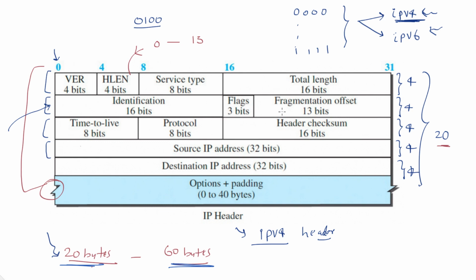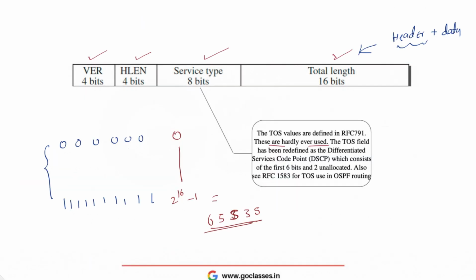Okay. Now let's go to the time to live field. The time to live field is 8 bits. So what is this TTL or time to live? It says that if you are forwarding some packet to some router or intermediate device, then that device decrements the TTL counter. Suppose you are forwarding a packet with 15 as the TTL, and this is the router.